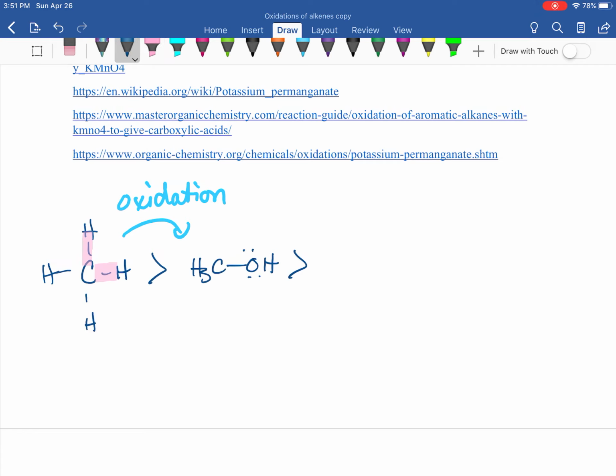And we would consider that our methanol is a higher oxidation level than our methane. All right, so then let's go up even higher. Let's this time swap two of those bonds for oxygen, or again, something higher than hydrogen. And what would we end up with? Well, now we're looking at formaldehyde.